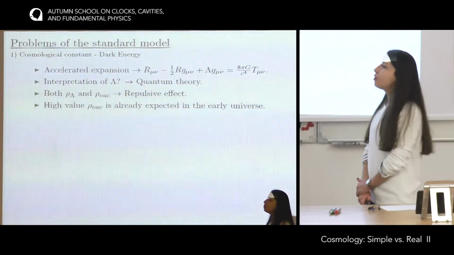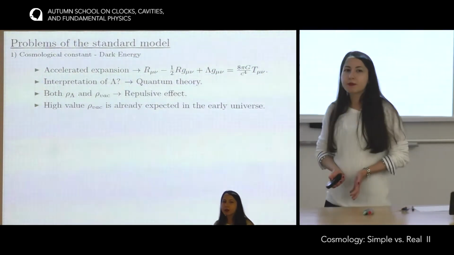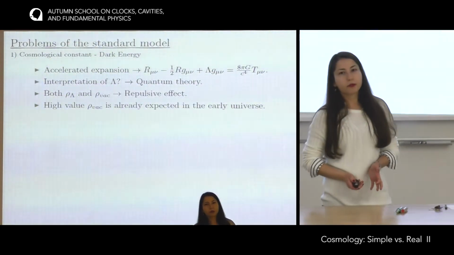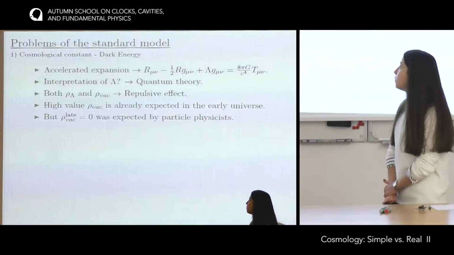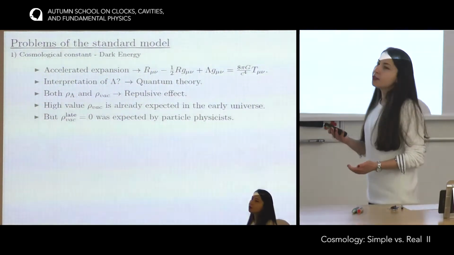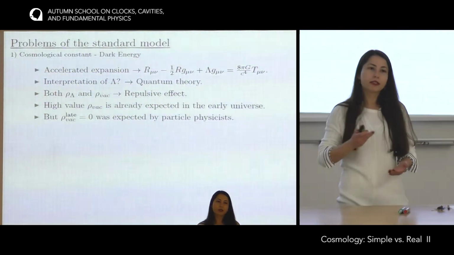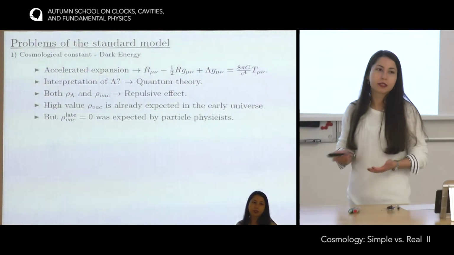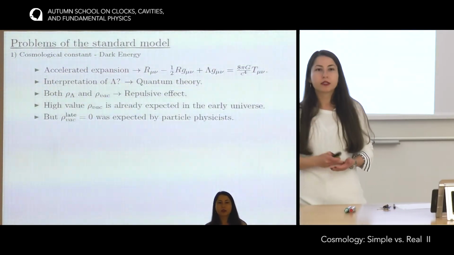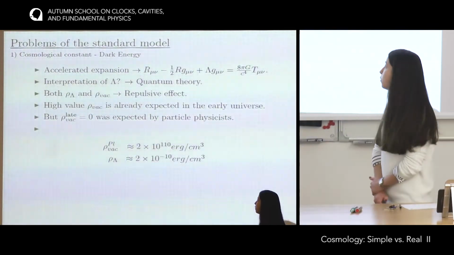And the high value of vacuum energy is already expected in the early universe. Particle physicists, quantum field theory people already knew about that. And there were processes to make it exactly zero, annihilation of the virtual particles, etc. And they were expecting this term to be exactly zero.